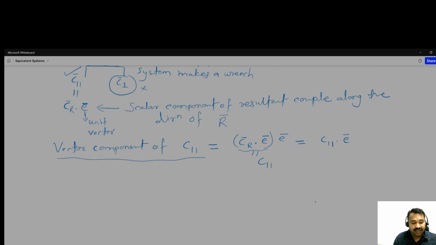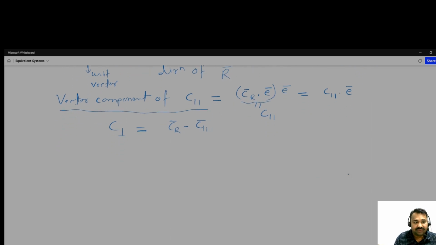Then how to get C perpendicular? The resultant couple is given, so by subtracting C parallel from it, we can get C perpendicular. Well, what is next?